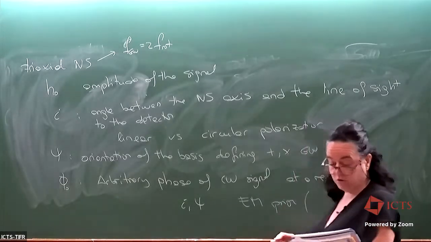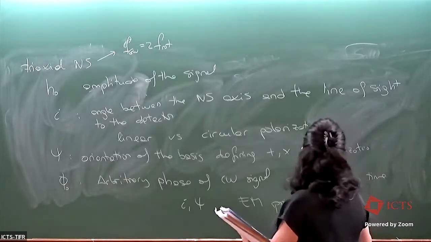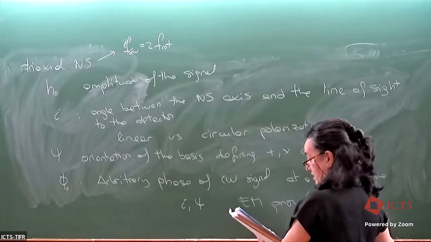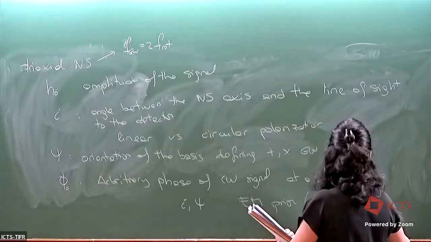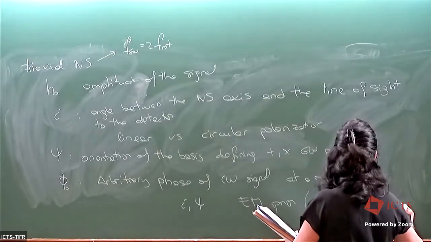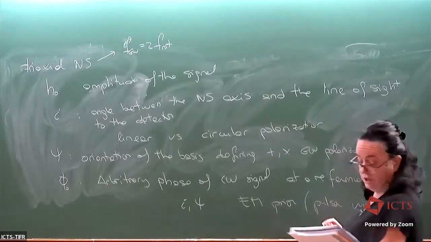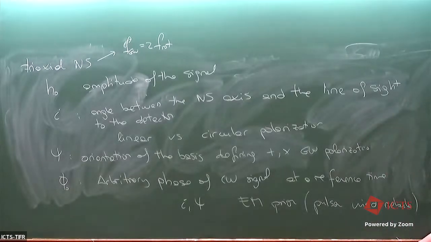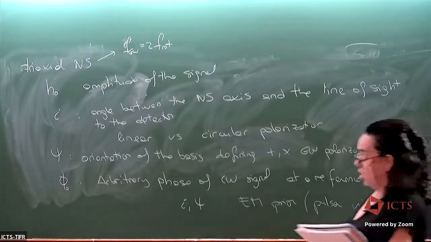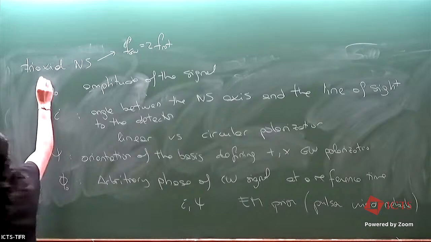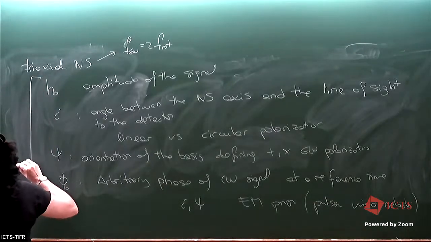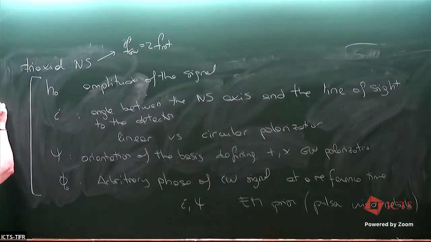That could be the case, for example, if we have the pulsar inside a wind nebula, and in some other cases not. This is the first set of parameters that usually we don't need to search for.